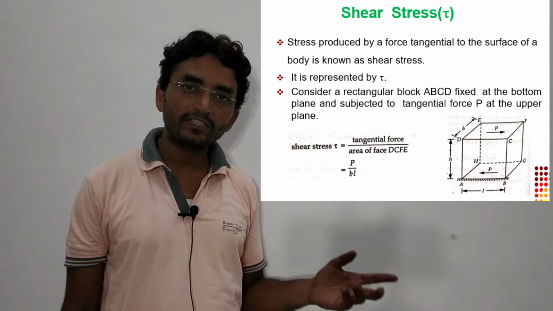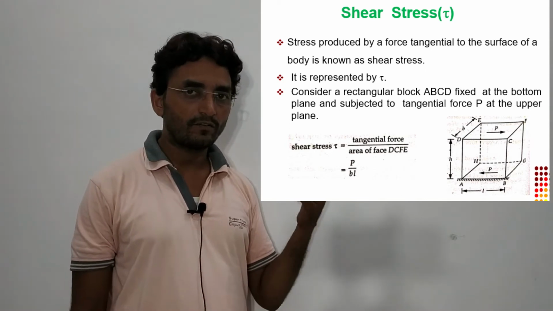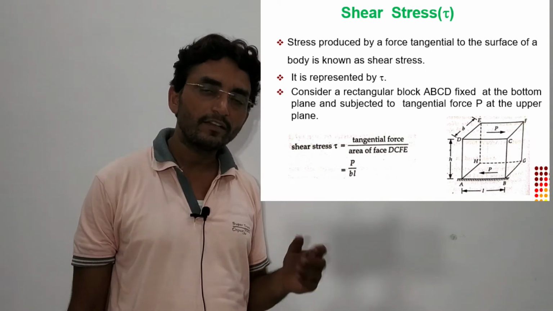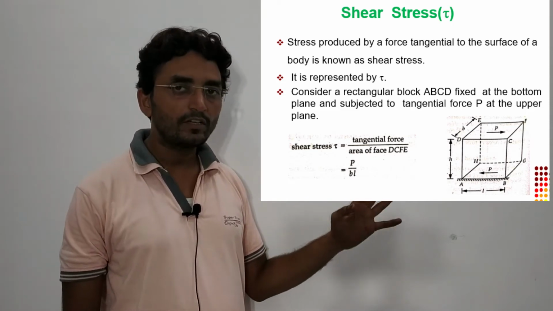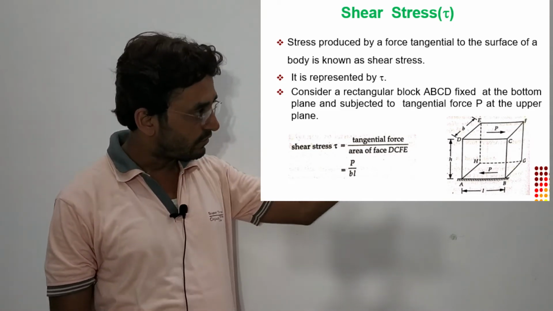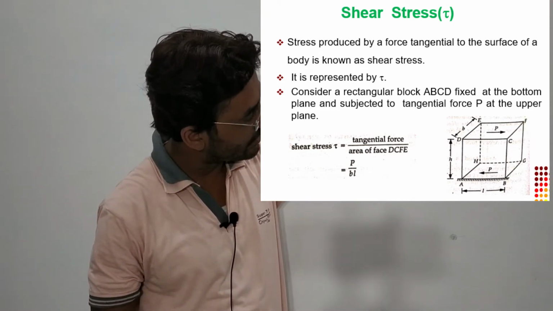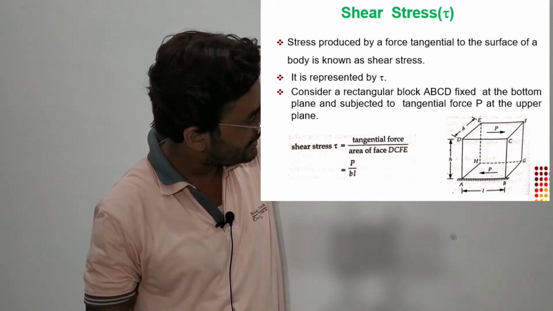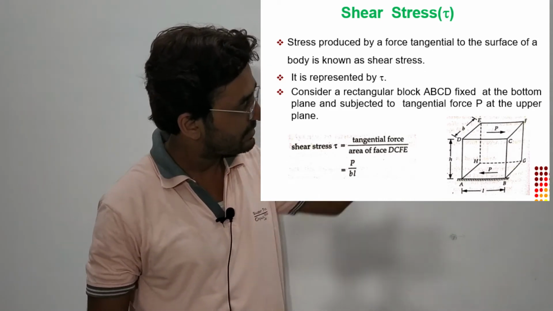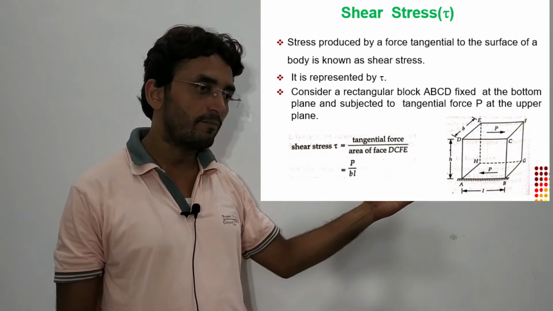The formula is similar: as we know the normal stress is equal to force upon area, similarly the shear stress is equal to the force acting tangentially on the surface, upon the area of this surface. So you can see the formula.